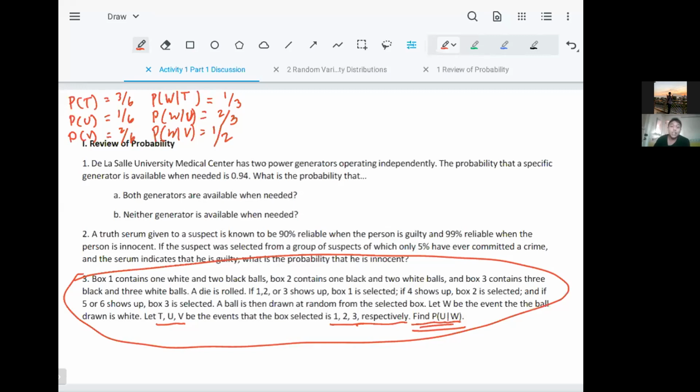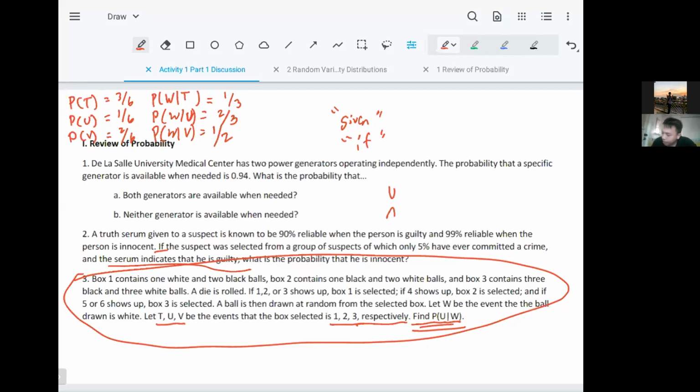Actually, nasa sa tanong talaga. Kapag conditional probability, nandiyan yung mga salitang given, if the suspect was selected, and if the serum indicates that he is guilty, so conditional probability. And then sa mga union, intersection, mga ano lang yun, or and. So ayos na ha.